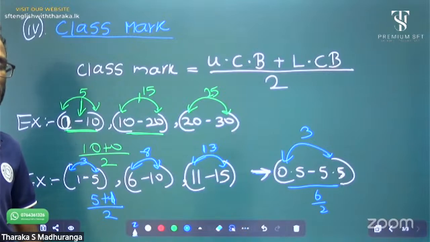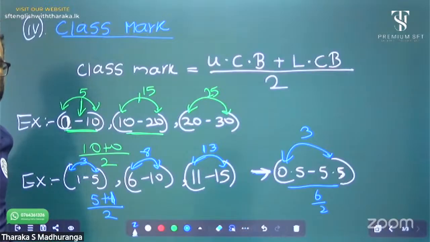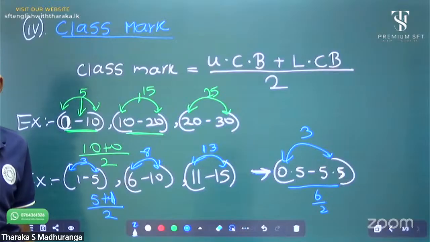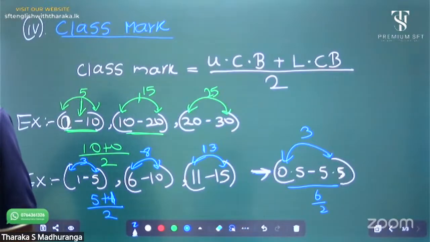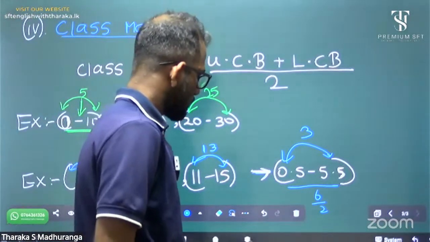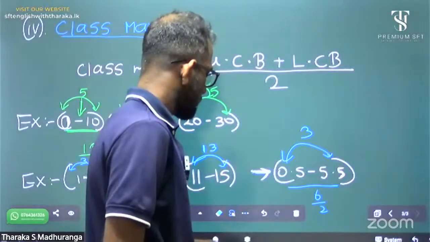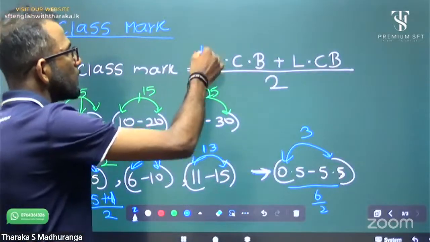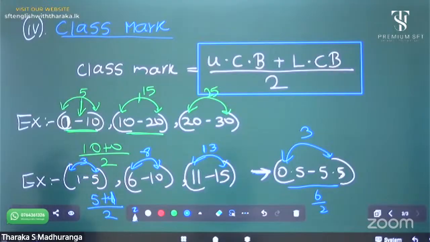Okay, write down the class mark equation: upper class boundary plus lower class boundary, divided by 2. Okay, and write down these examples.